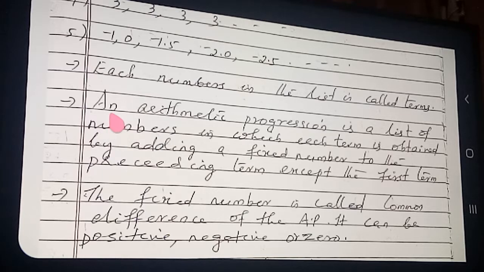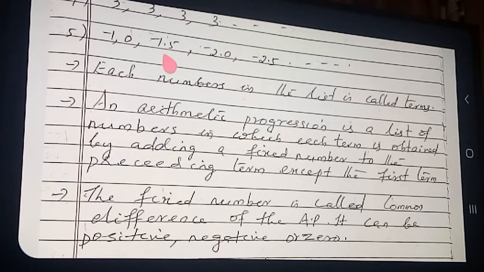So an arithmetic progression is a list of numbers in which each term is obtained by adding a fixed number, except the first term. To the first term we add one fixed number, and we add it everywhere. That type of sequence we call an arithmetic progression. Here you can see minus 1 is the first term. How did you get the second term?